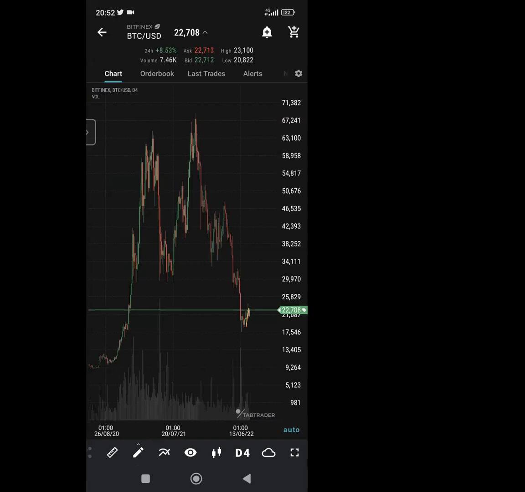That's why there's one thing I want. I want you people to do me one assignment. Go to CoinGecko and look at the first things that are on your screen. You'll see market cap, circulating supply, total supply, soft cap.